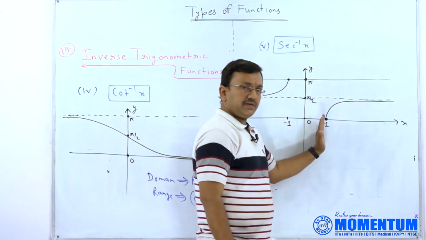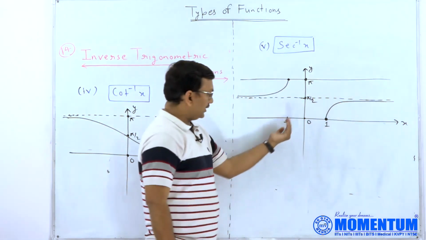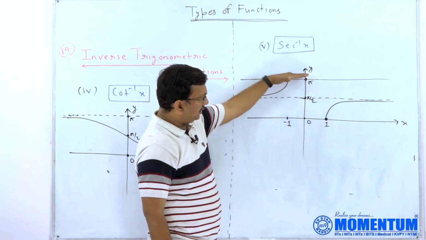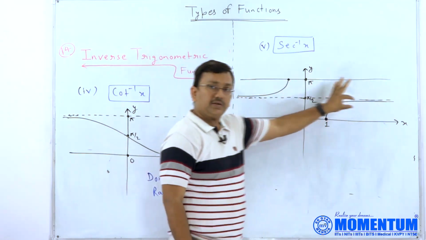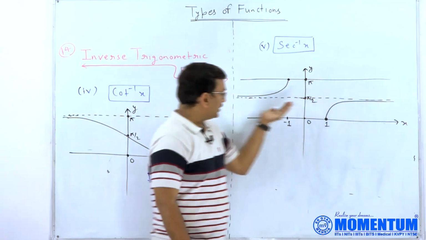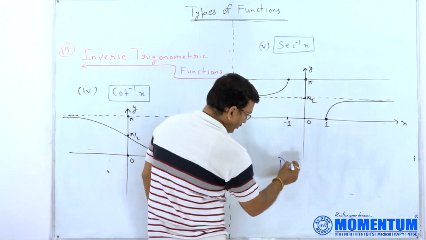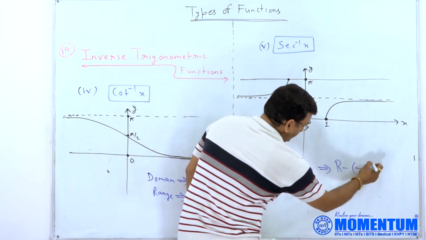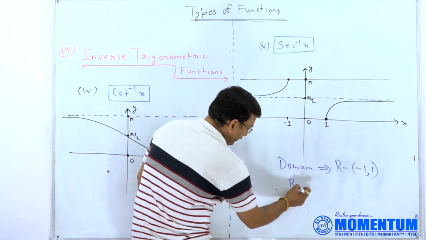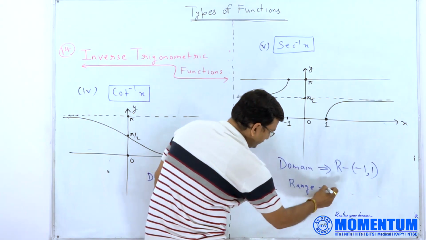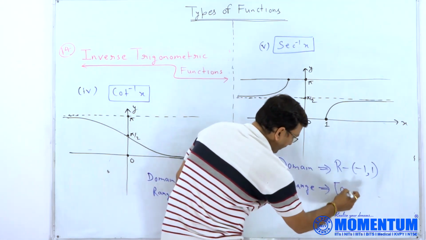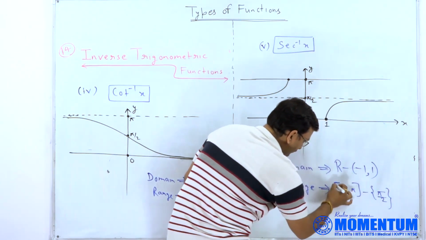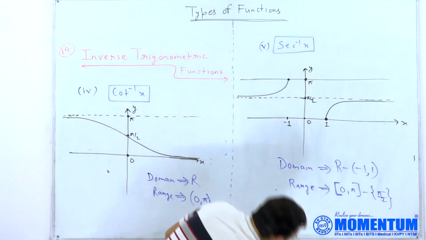On the x-axis, the diagram is coming after 1. On the negative x-axis, the diagram is coming before minus 1. On the y-axis, 0 to pi, all the values are coming, but pi by 2 is never coming. Look carefully, the graph is below pi by 2 and above pi by 2. So domain is all the reals except the open interval minus 1 to 1, and range is 0 to pi in square brackets excluding pi by 2. Okay.